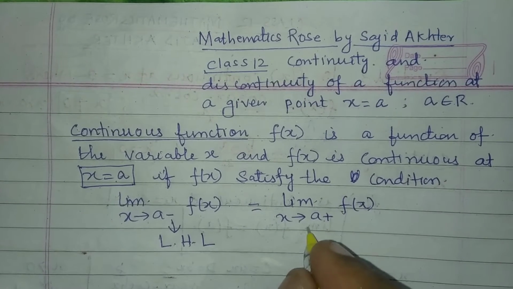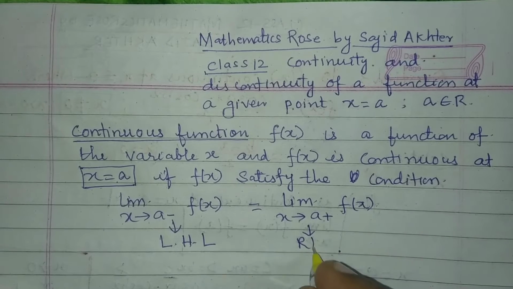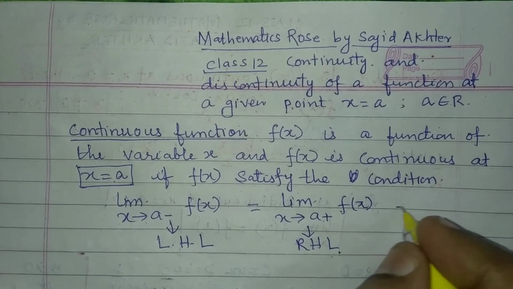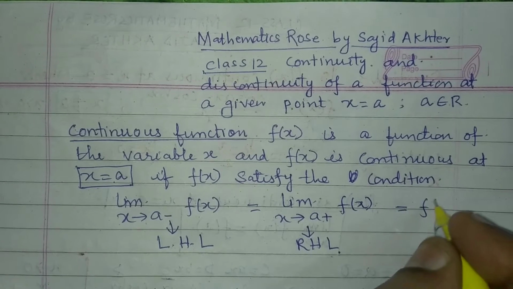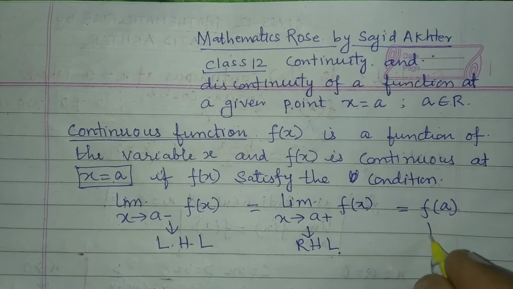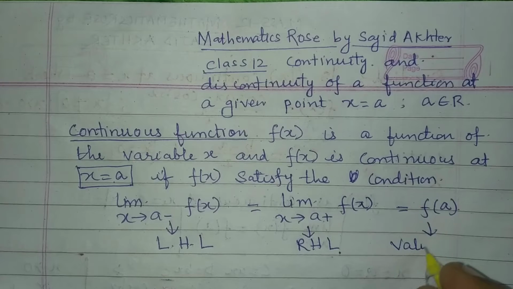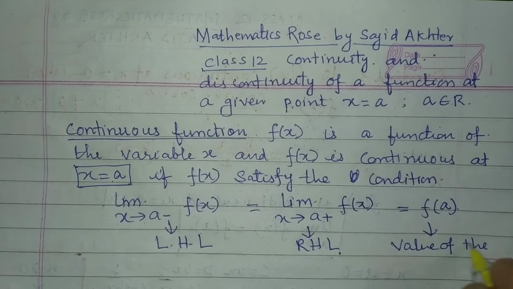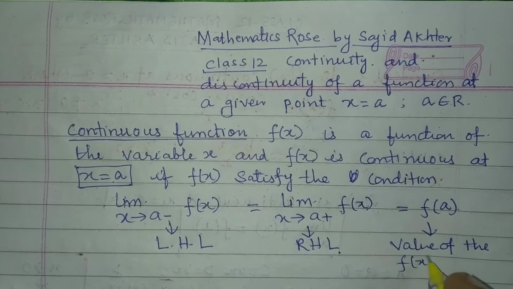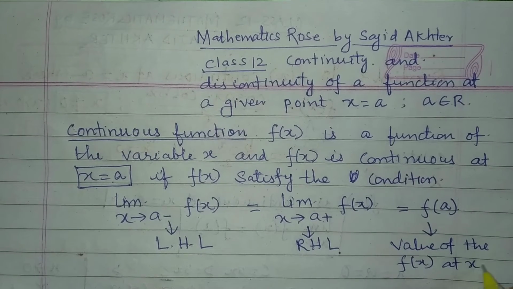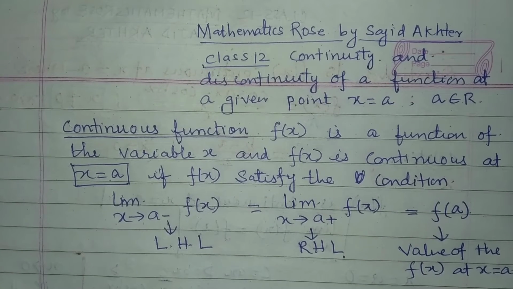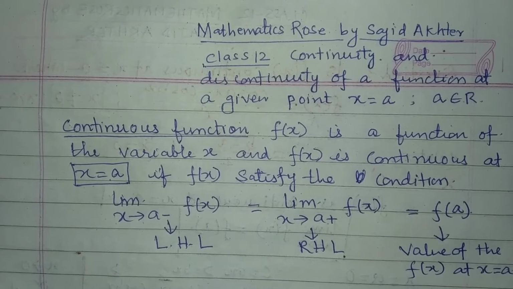So if the right hand limit and the left hand limit are equal, and both are equal to the value of the function at the point, this is the value of the function f(x) at x is equal to a, then we say that the function is continuous at the point x is equal to a.